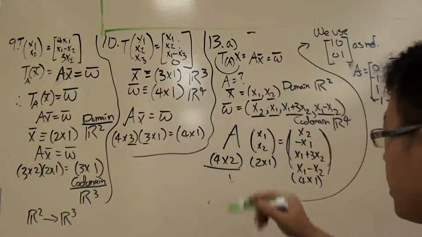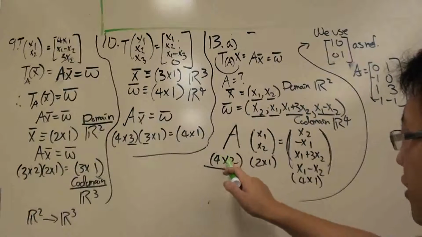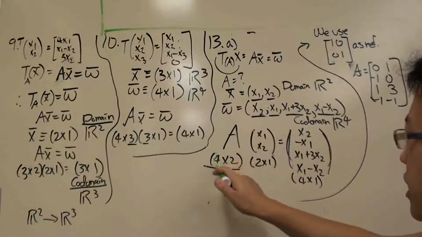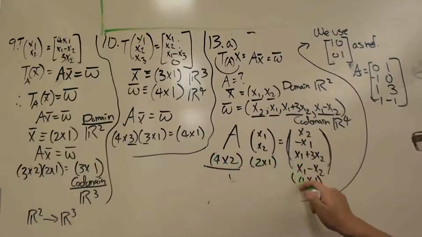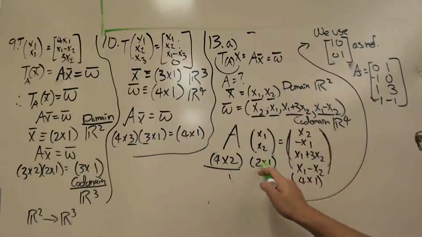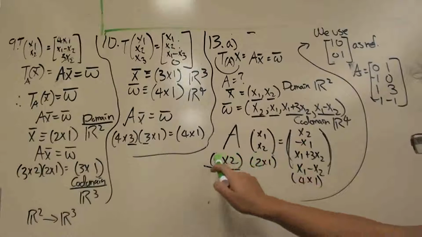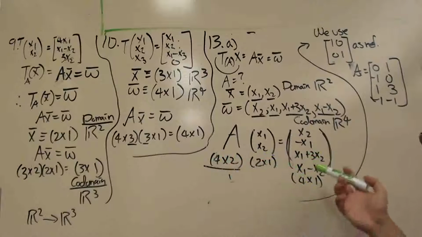Now, think of it this way. I'm just putting this copy here, right? I wrote the dimension already, but let's assume we didn't know that, right? 2 by 1 and 4 by 1. These two we know for sure because those are given, right? Then in order for this to happen, you have to have 4 by 2. That way 2 and 2 cancel, so 4 by 1, and then you have 4 by 1, right?